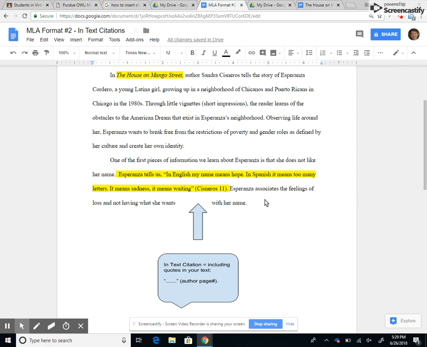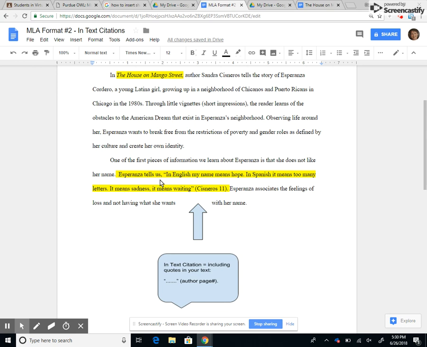So I'm starting my paragraph with an introductory sentence that introduces the quote. So I say one of the first pieces of information we learn about Esperanza is that she does not like her name. And now I continue.